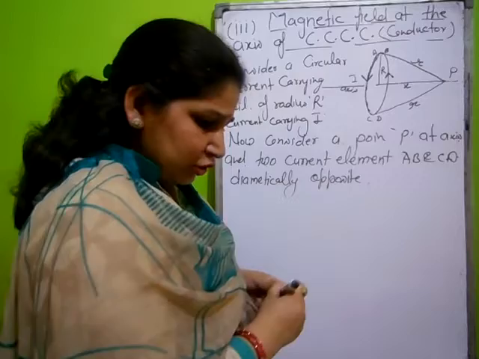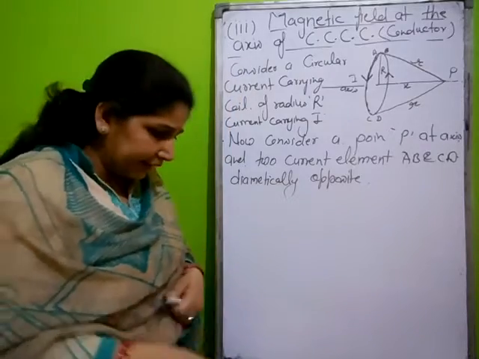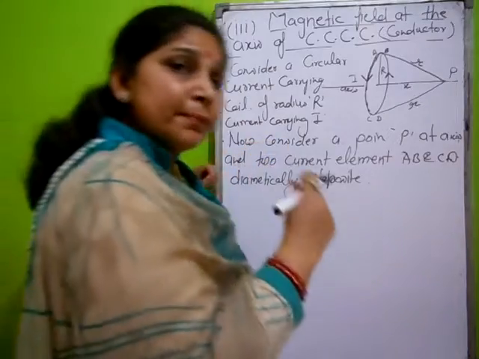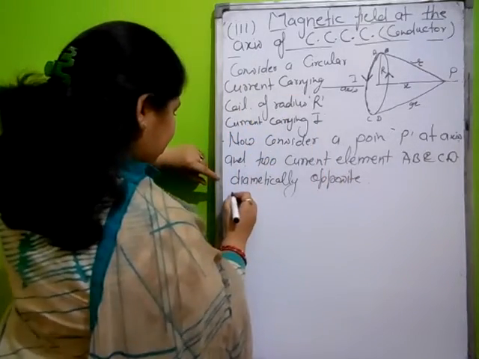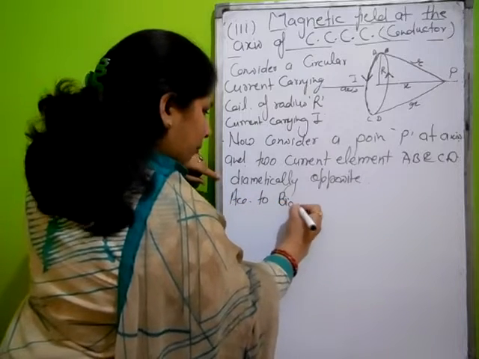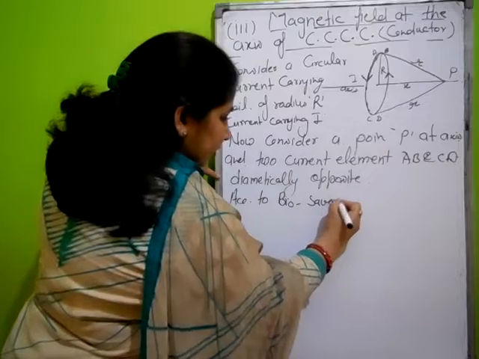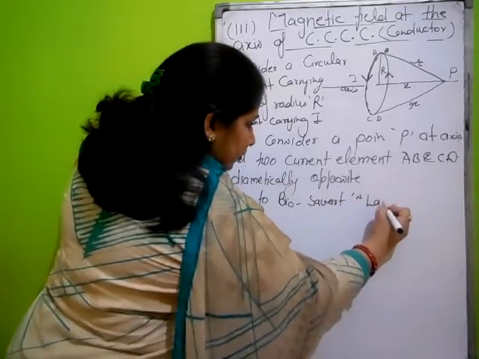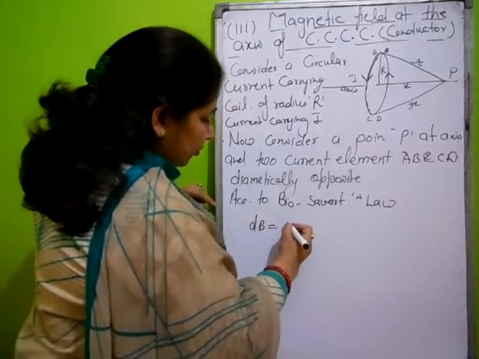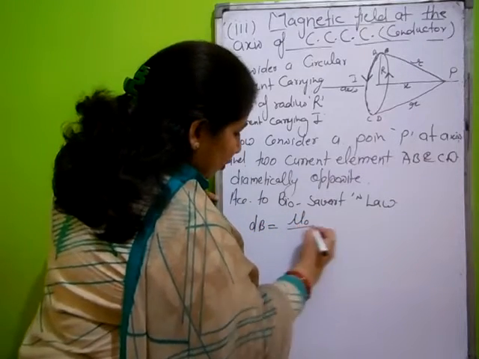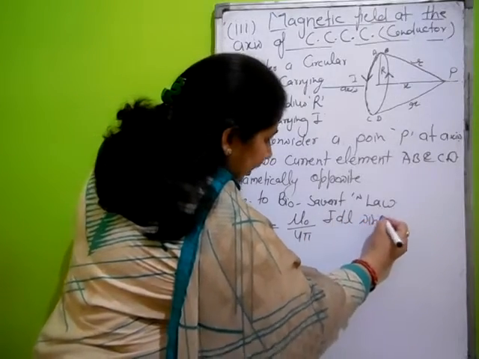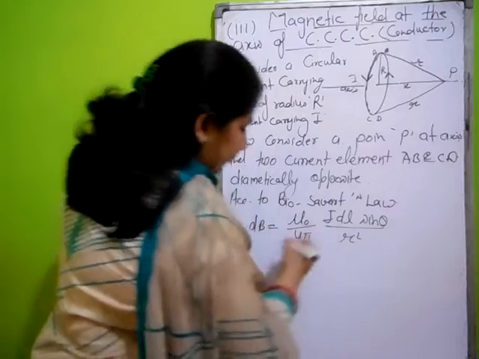Now according to Biot-Savart law, the magnetic field is dB equal to mu naught upon 4 pi, I dl sin theta upon r square.